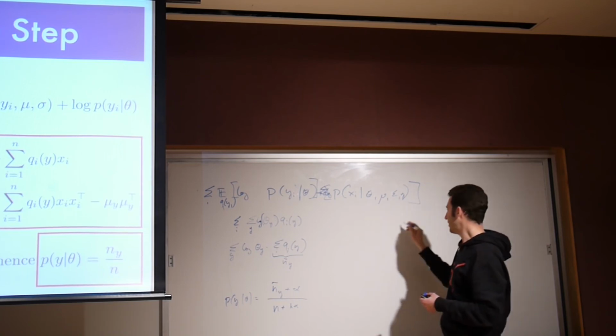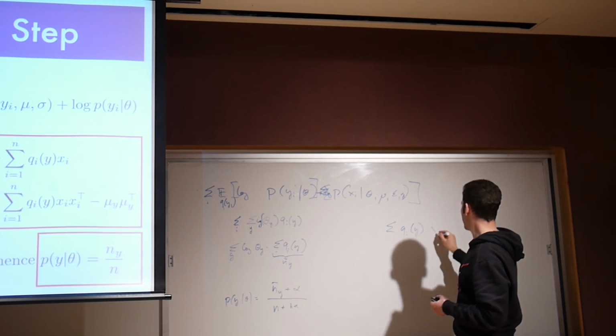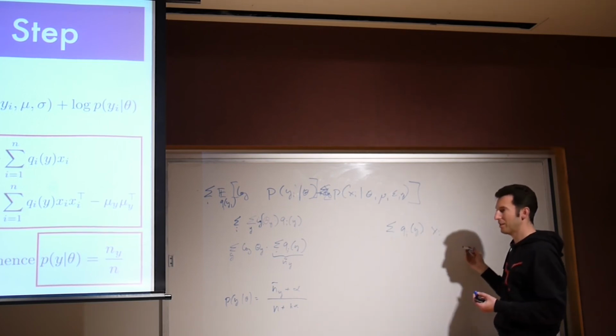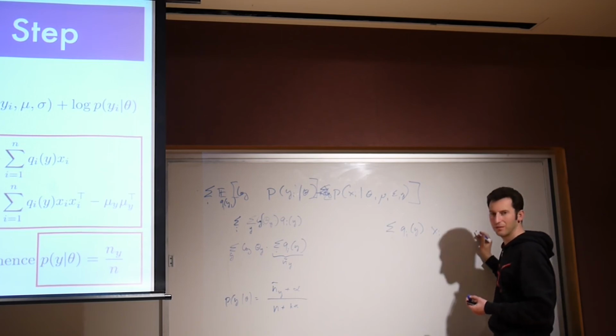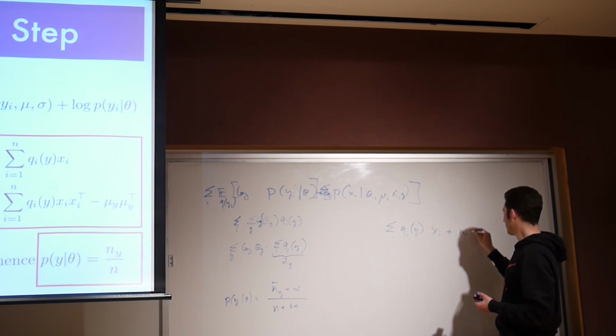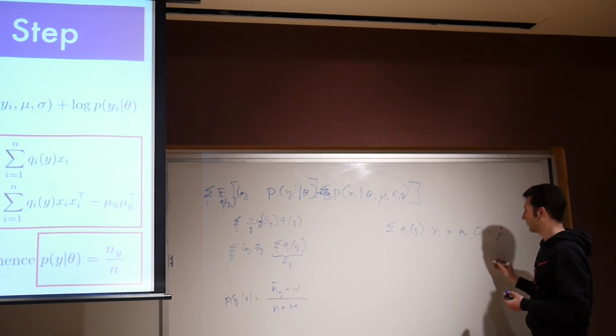And so what I get is that for the mean, I just have the sum over qi of y times xi, and I might actually go and smooth this, plus m0 times 0, as my mu hat.